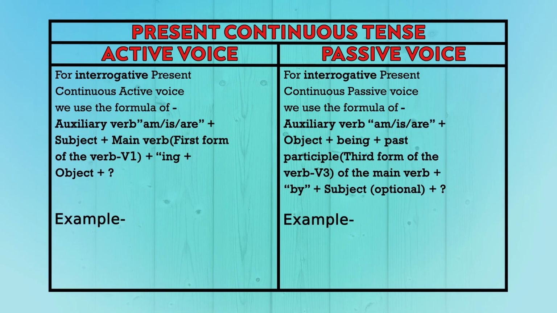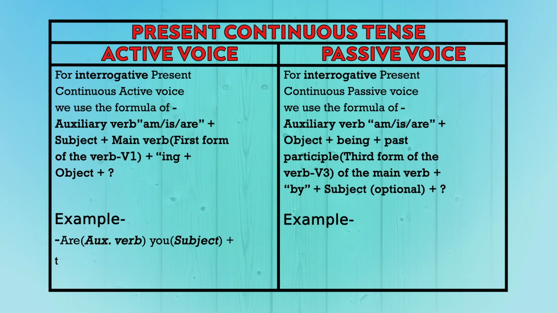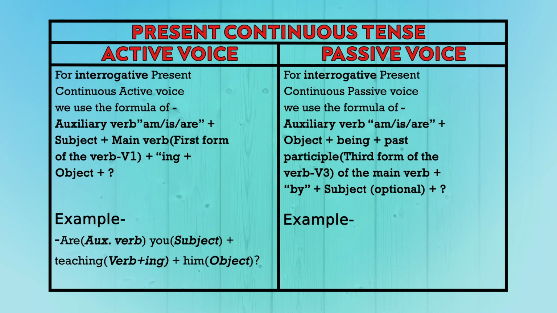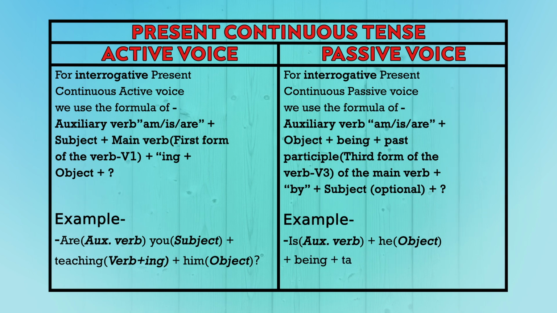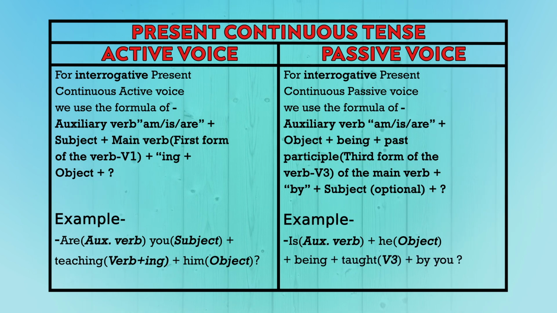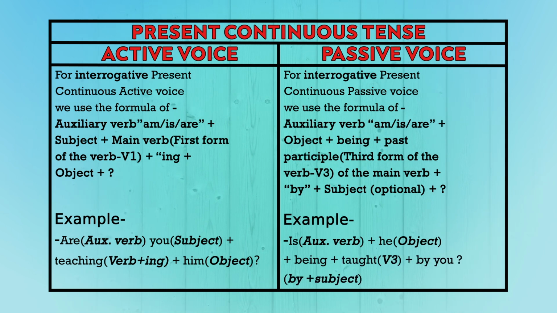Let us look into some examples. Are you teaching him? So it will be, is he being taught by you? Okay. So this is a clear example to show how we change interrogative sentences into the passive voice.